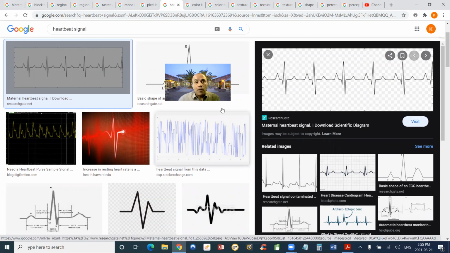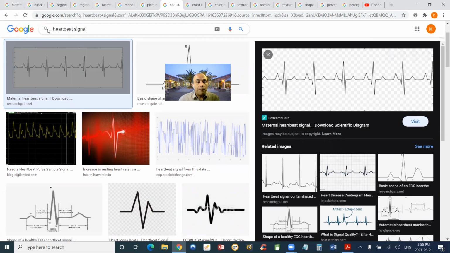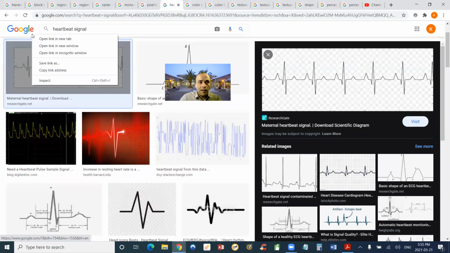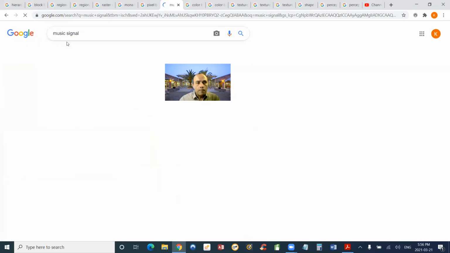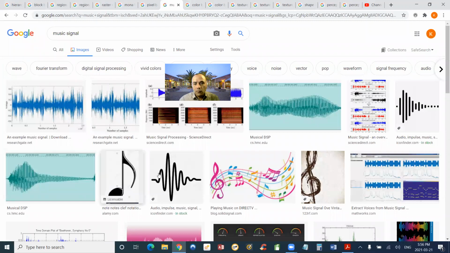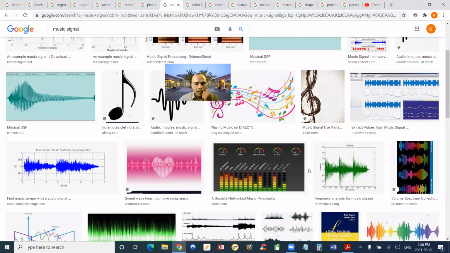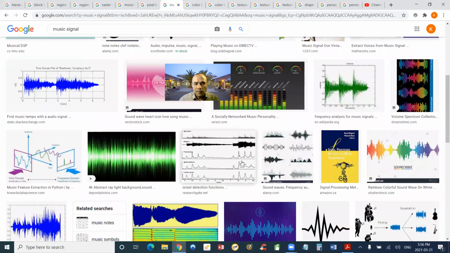That's one example. You could potentially have a music signal. So let's have another example. I wish I had a better signal. This is not bad.